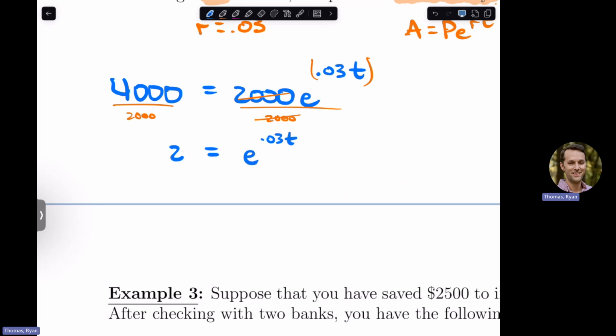Hey, check this out. This is 2,000, the amount, times this exponential thing. What do exponential functions tell us about? Growth, right? 2,000, the amount that we started with, times the amount that it grew.